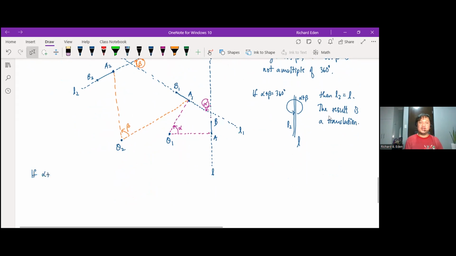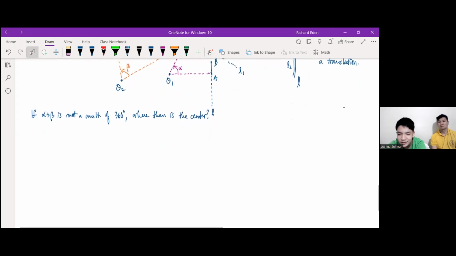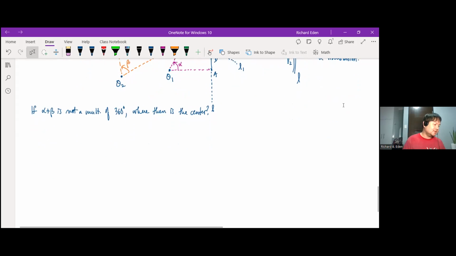So if alpha plus beta is not a multiple of 360 degrees, where then is the center? Okay, since the drawing is already here, or hold on. The center can be everywhere. Okay, where then is the center?